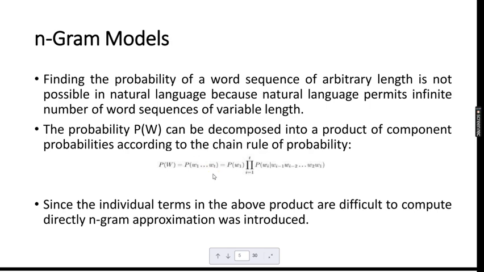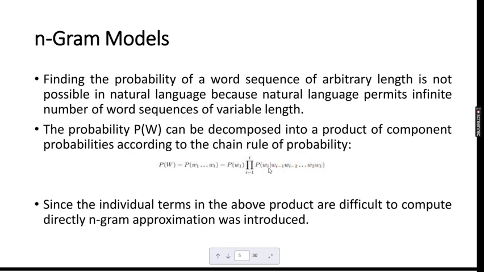The product of all these probabilities gives the probability of W. We define this as P of W1, because W1 has no words prior to it, so we can directly take the probability of W1, and then the product rule from i equals 1 to T. P of Wi can be generated with the help of the i minus 1 word, the i minus 2 word, up to the first word.